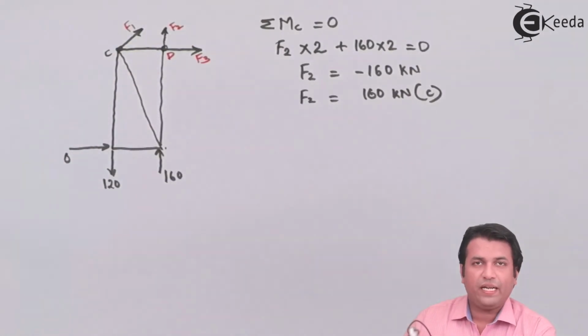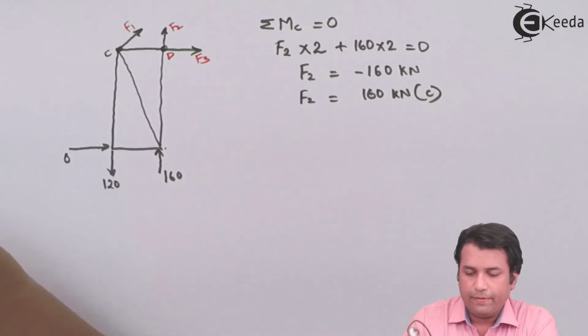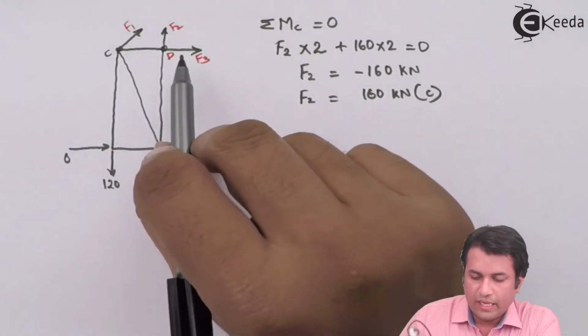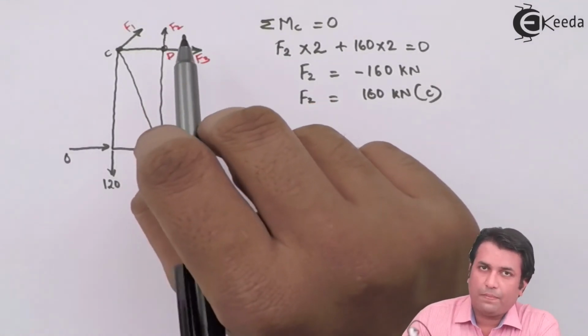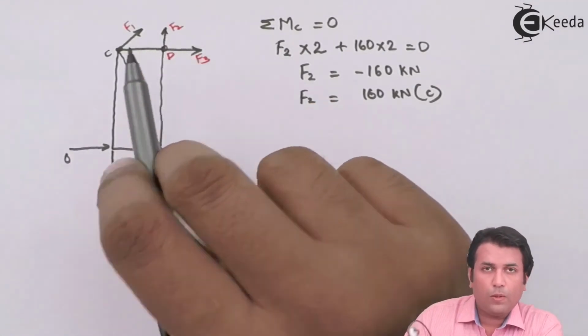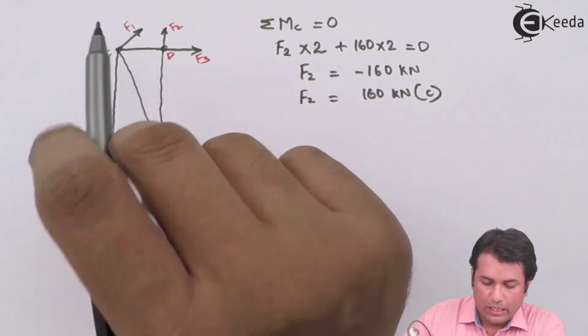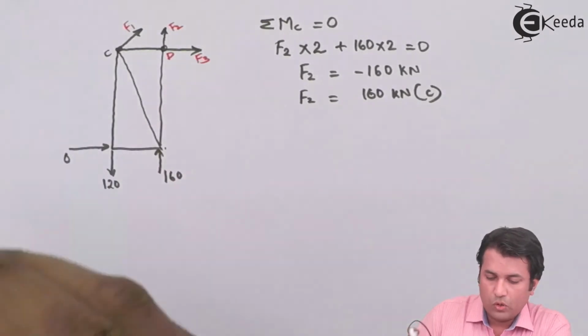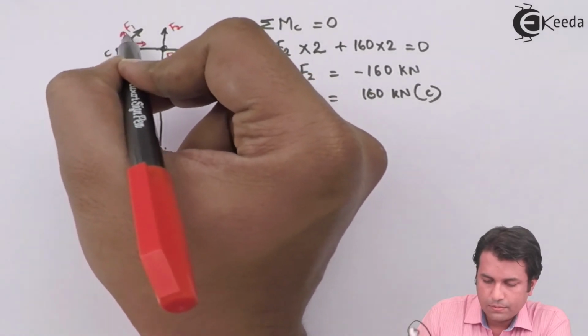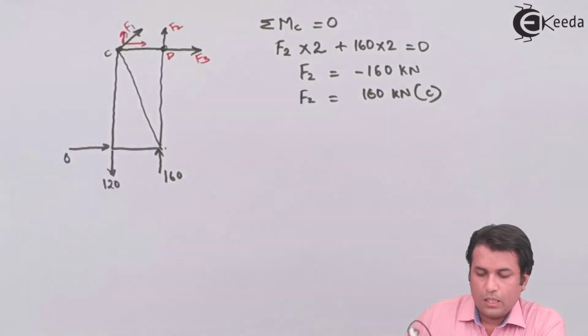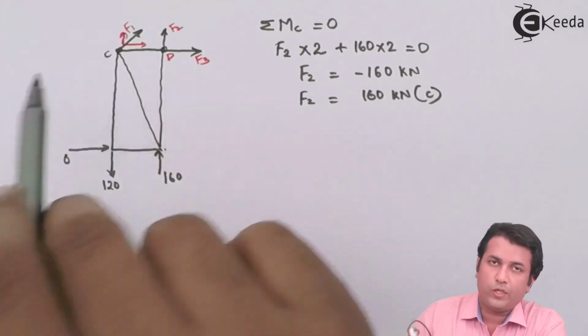What happens if I take moment about D? The forces F3 and F2 will not create any moment because they are passing through the moment center. What about F1? I'll have to resolve this force. If I resolve this force, the horizontal component is not going to create any moment.